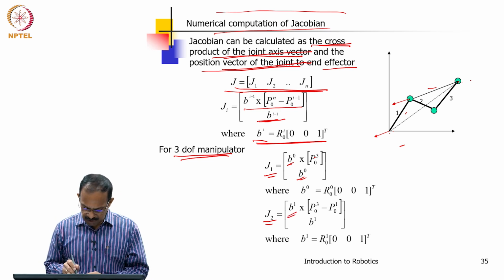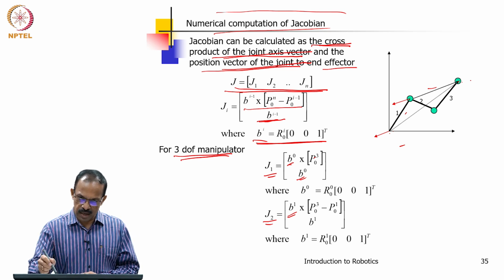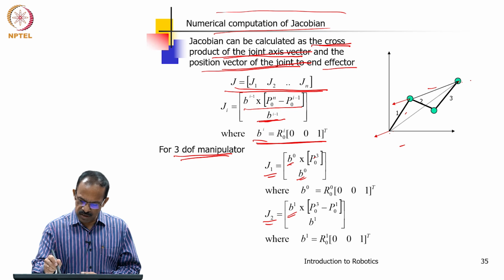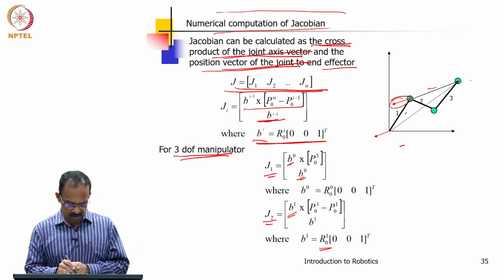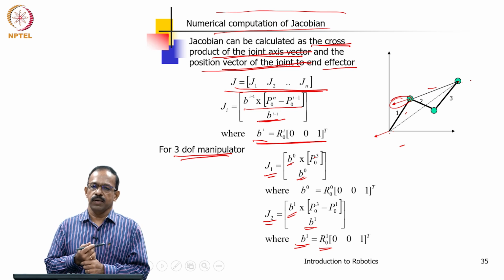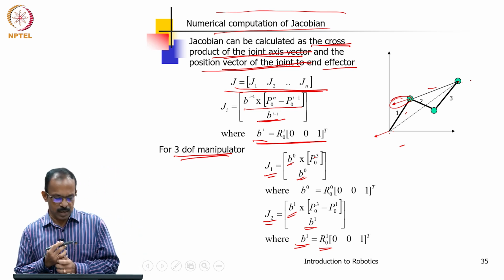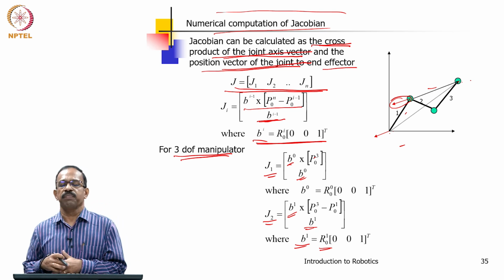So, B1 is obtained from R01. So, now you take the rotation matrix from 0 to 1 and then find out the approach vector that gives the orientation of this axis with respect to the base frame, that becomes the B1. So, B1 will be the angular velocity part, and B1 cross P03 minus P01 will be the linear part.